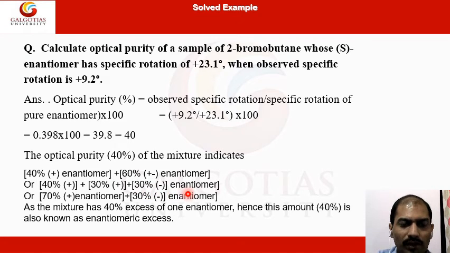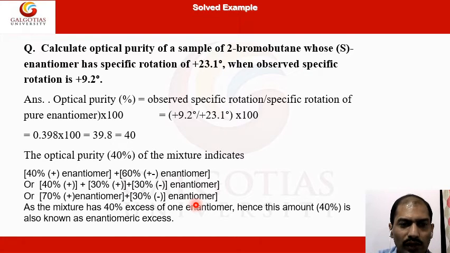If you listen to the lecture properly, you can remember why this is represented this way. So there is 40% plus, and 30% plus will be the equal amount, so this equal amount of percentage of the specific rotation of that particular enantiomer. So this is 70% of one enantiomer and the other will be 30% of the other enantiomer.